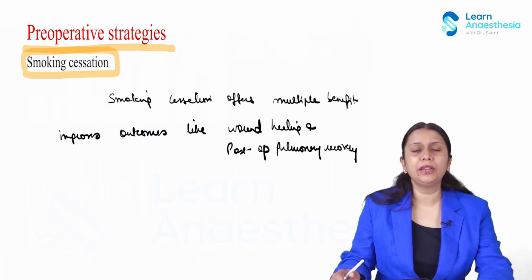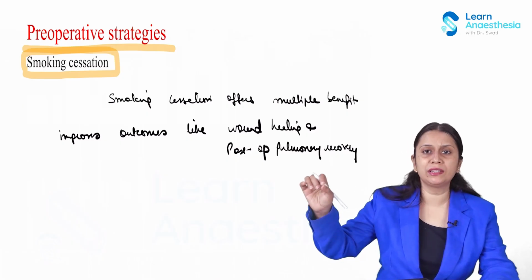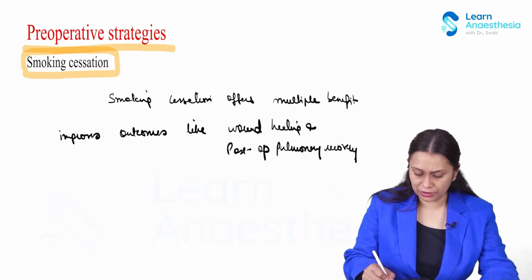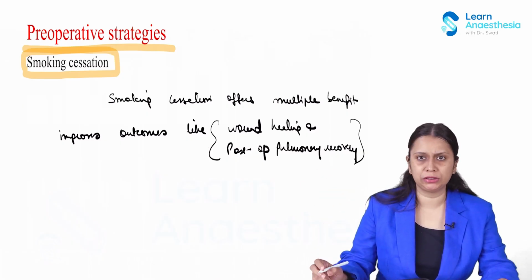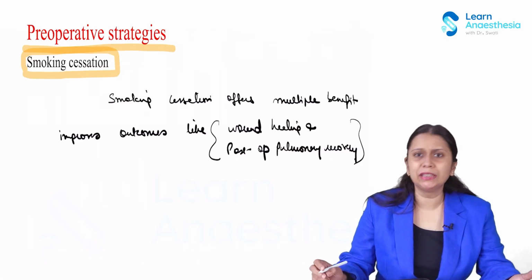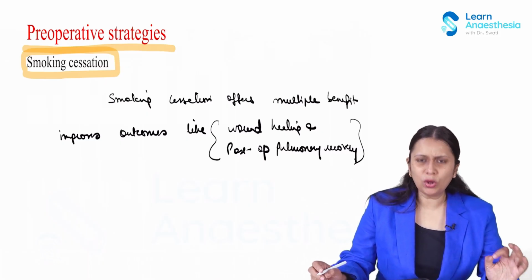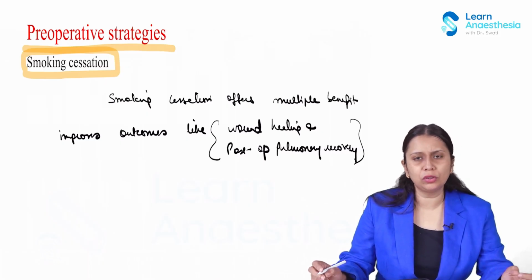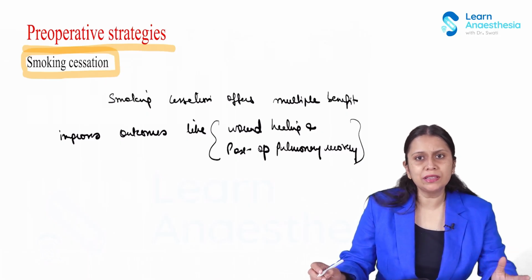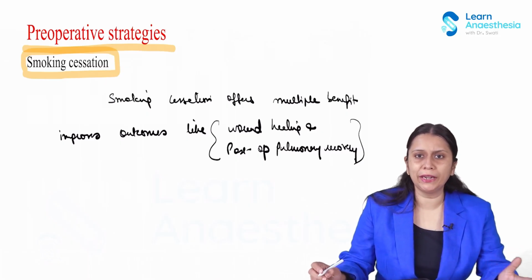Now, the duration of smoking cessation which would offer us all these benefits is a bit controversial. It is written differently in various studies. But what has been suggested in most of the trials and studies is that smoking cessation for more than 4 to 8 weeks would definitely give a benefit in reducing post-op complications in the patient.